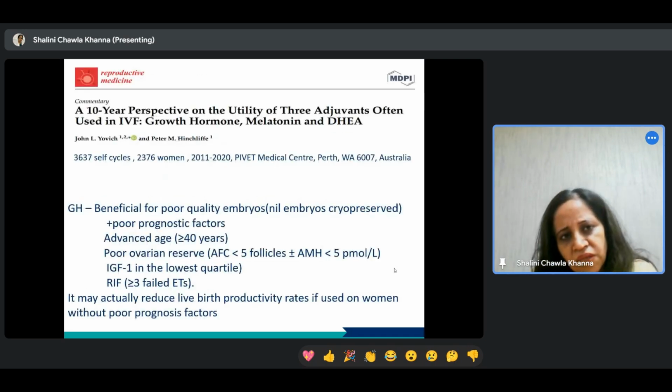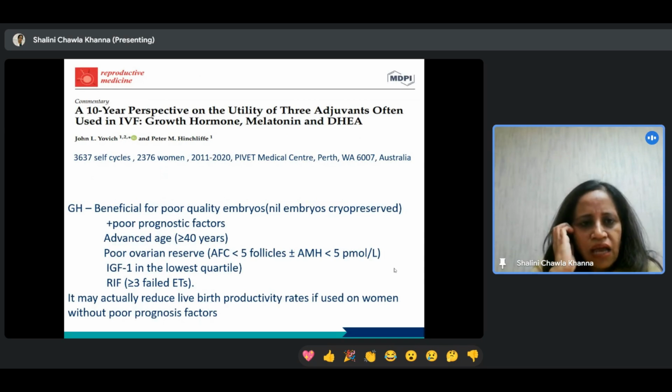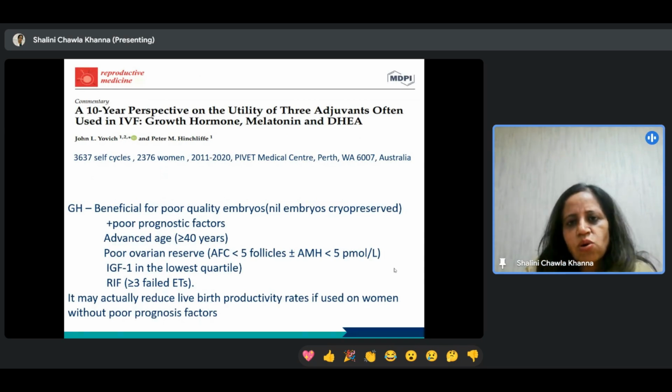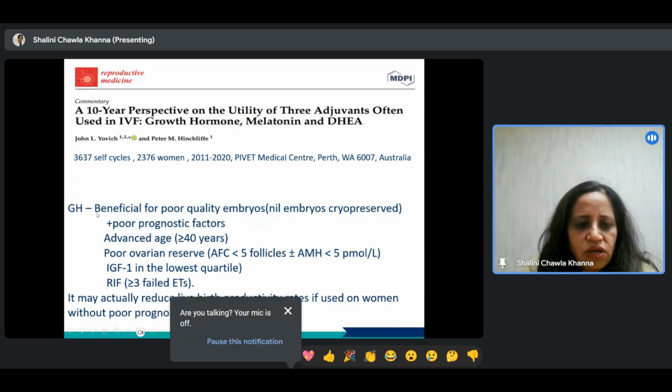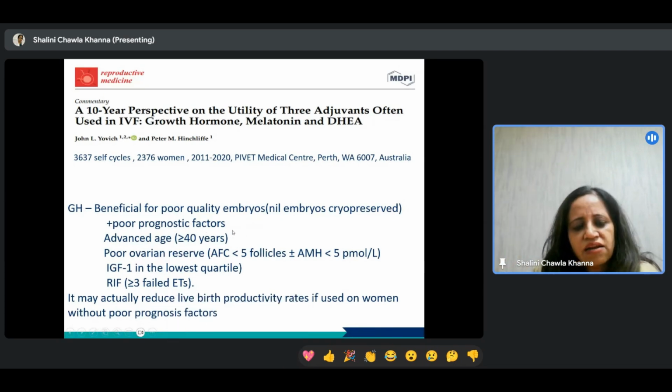So this was a very beautiful article. This was a 10-year perspective on the utility of 3 adjuvants often used in IVF, that is growth hormone, melatonin, and DHEA. A huge number of cycles, 3637 in 2376 women, a 10-year study in Australia. So they concluded that growth hormone is beneficial where there is poor quality of embryos and where there are nil embryos cryopreserved.